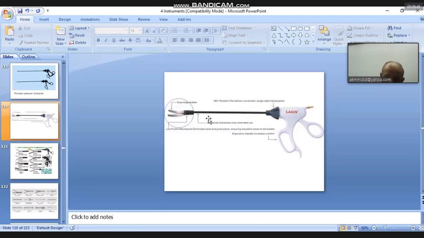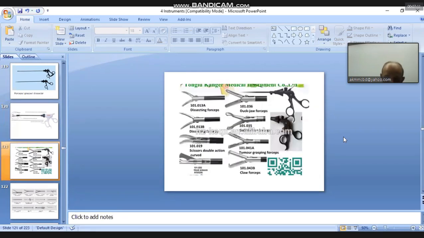All the shafts are almost same, and the handles are also almost same, just some have the clamp or some don't have the clamp. The difference is in this part, the blade. This is a scissor, obviously you can see. Therefore, try to identify the tip of all the instruments, or the blades of the instrument.